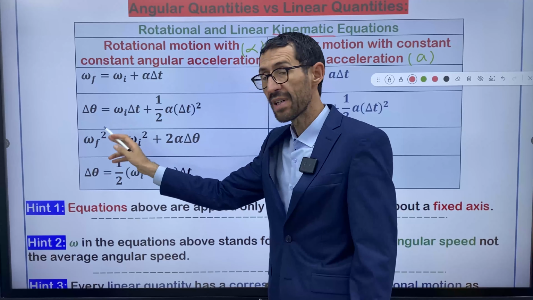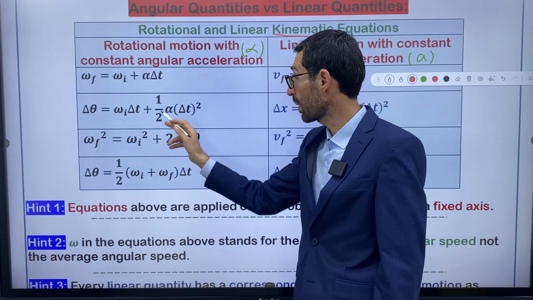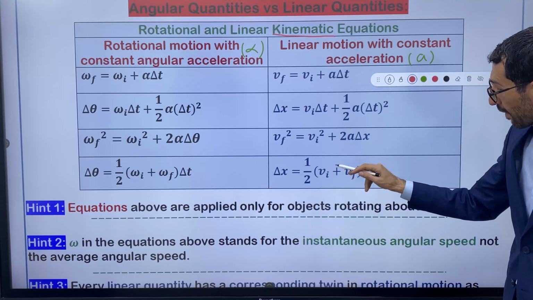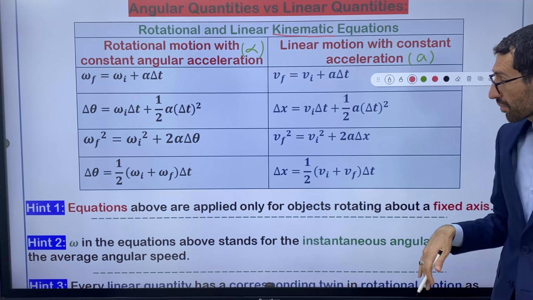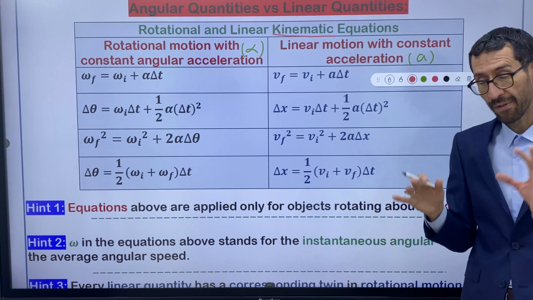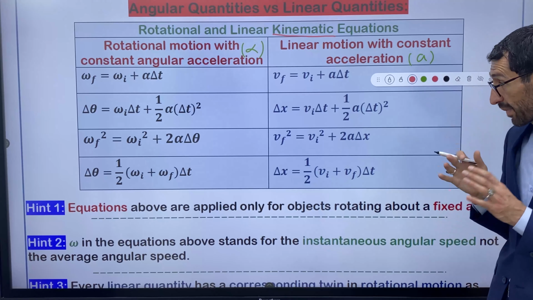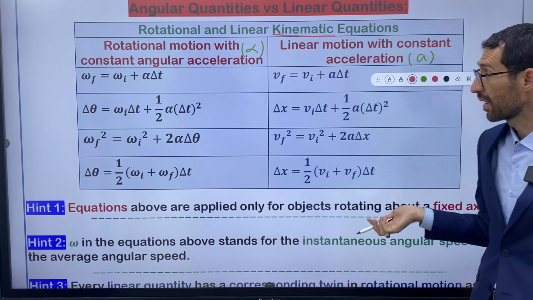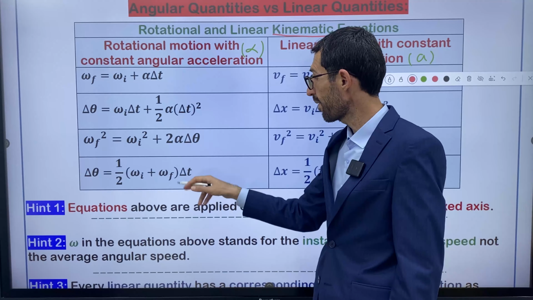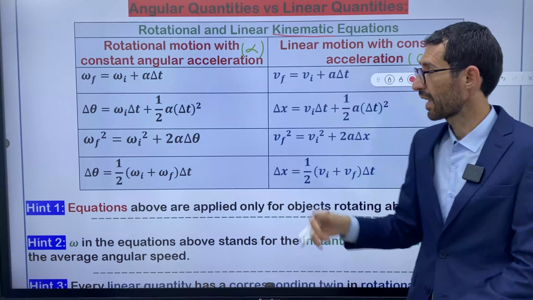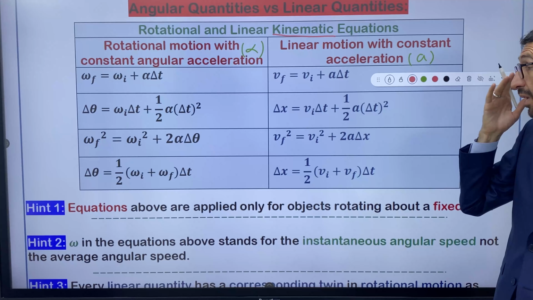Omega final squared is equal to omega initial squared plus 2 alpha delta theta. And the last one: delta x is equal to 1 over 2, open bracket, Vi plus Vf, close bracket, multiplied by delta t. Delta theta is equal to 1 over 2, bracket, omega i plus omega f, close bracket, delta t. Right? Those are the equations.